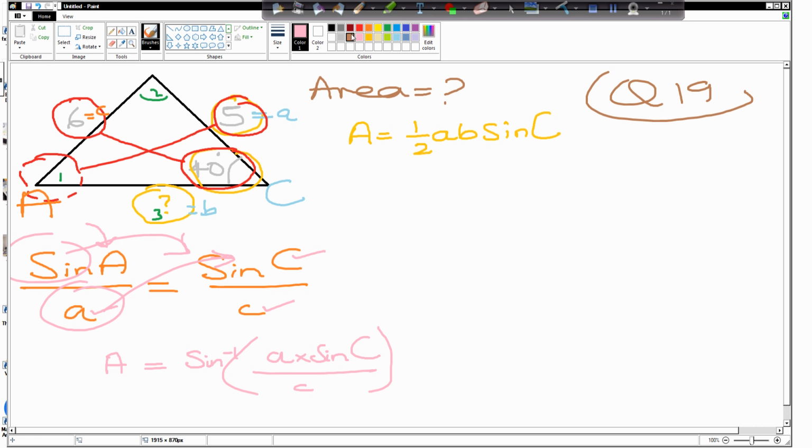That's the first step. Put the values in. So our A, which is here, is equal to sine to the minus 1 of little a, which is 5, multiplied by the sine of big C, so the sine of 40, divided by the little c, which is 6. Put that all in the calculator.